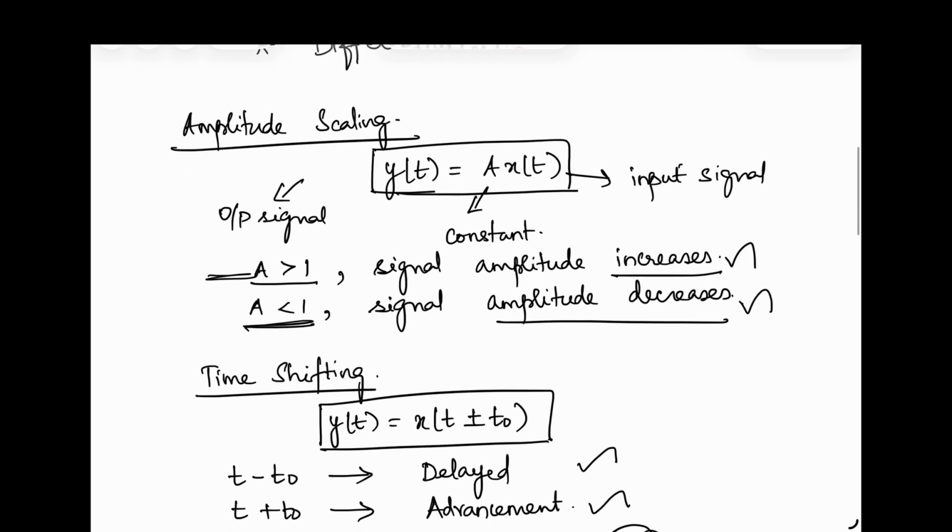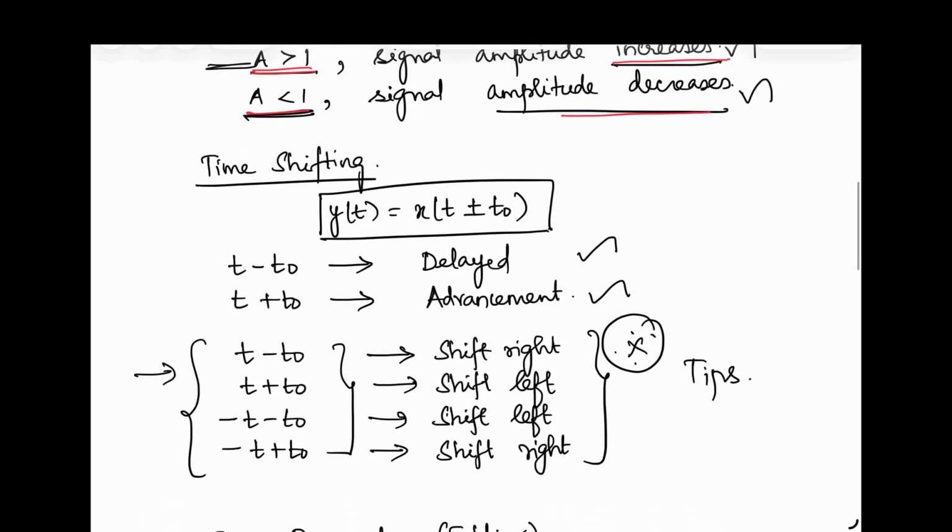Amplitude scaling: y of t is equal to a into x of t, where y is the output, x is the input, and a is the constant. If a is greater than 1, the amplitude increases, and if a is less than 1, the amplitude decreases.